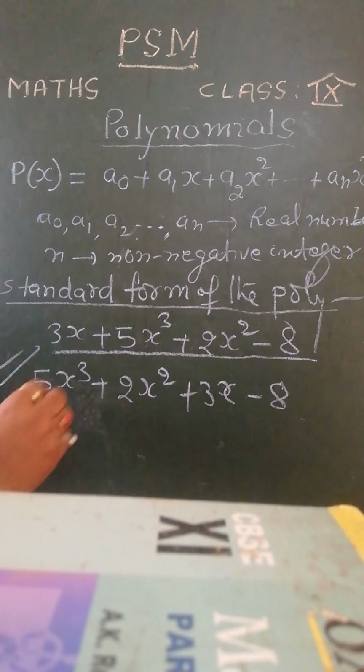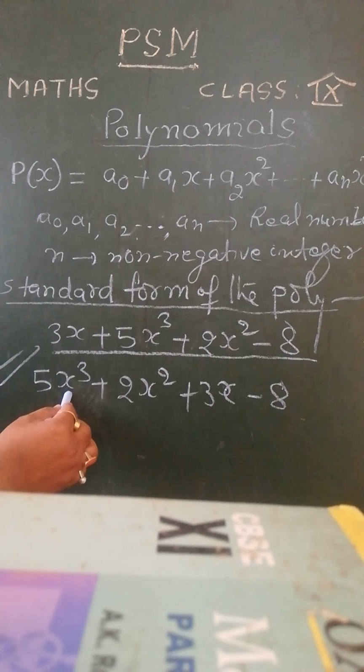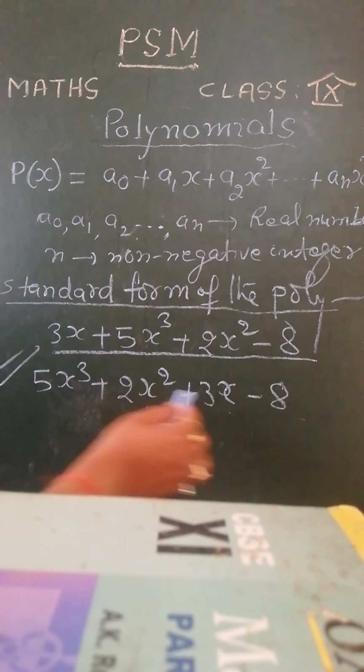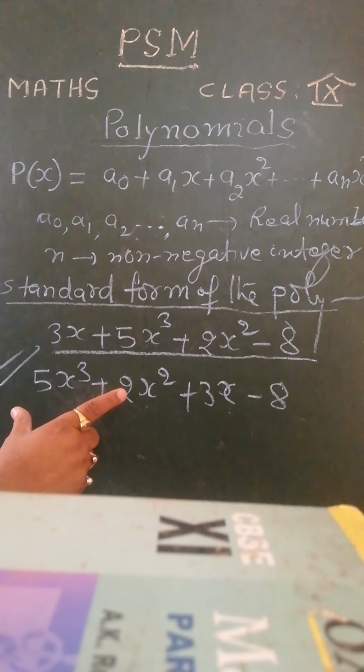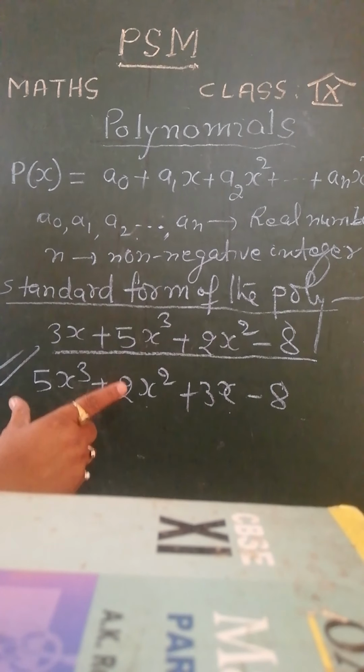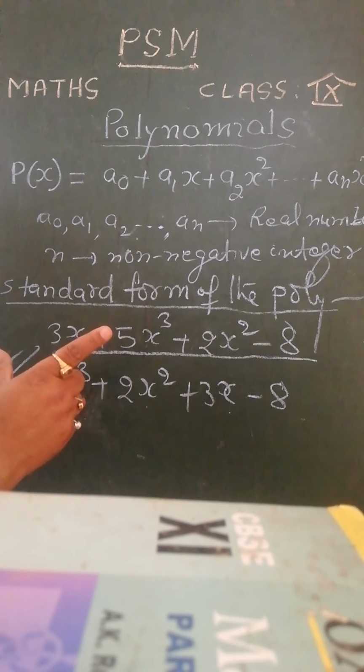Here the powers of the variable terms are in decreasing order. You can express it also in increasing order. If you write in increasing or decreasing order, then we can say that the polynomial is of standard form.